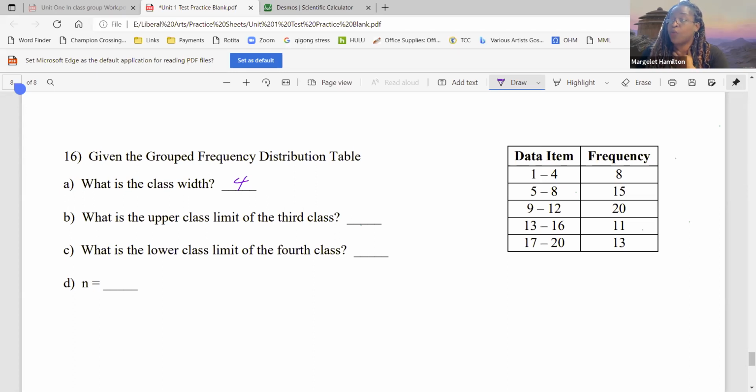You can use the upper ones as well. 8 minus 4 is 4. 12 minus 8 is 4. Do you see that? You could just subtract the adjacent class limits, and that'll tell you what the class width is. The class width just says how many values are accounted for in each one of our classifications. Does that make sense?